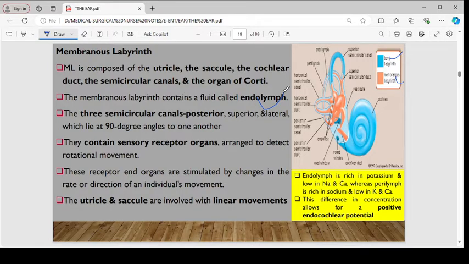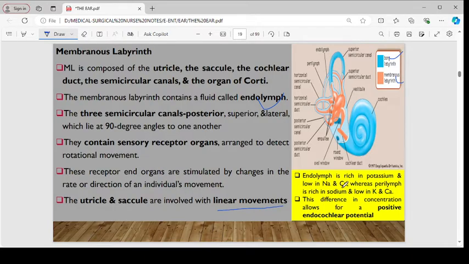They contain sensory receptor organs arranged to detect rotational movement. These receptor end organs are stimulated by changes in the rate or direction of an individual's movements. The utricle and the saccule are involved in linear movements, right?